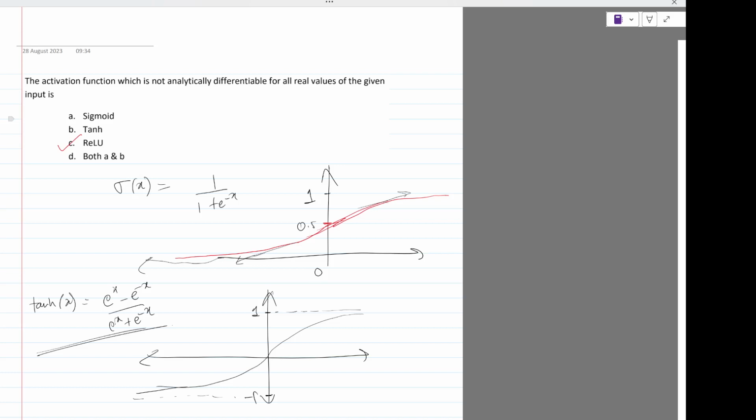Like vanishing gradient, which was discussed in the class, I think. That does not happen with ReLU. It happens with sigmoid. Maybe I'll discuss that after I have solved all the questions.